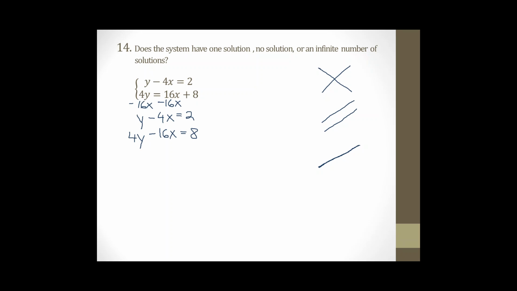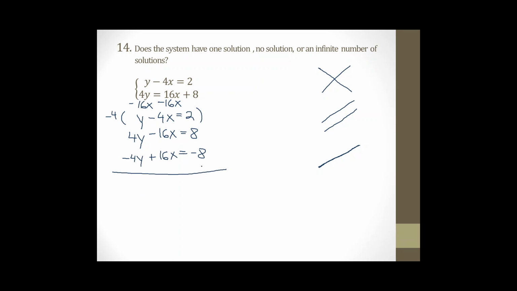Now I can use the elimination method, also called the addition method, to cancel out one of the variables. I am going to multiply this first equation by -4. That will give me -4y, which would cancel out with the positive 4y. Distributing the -4 to everything inside, I get -4y plus 16x, which is equal to -8.